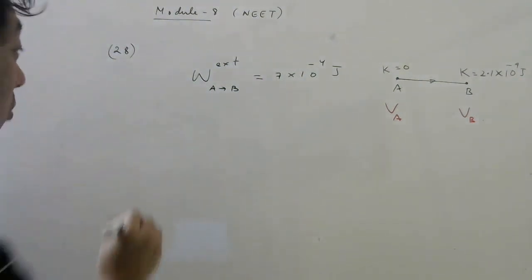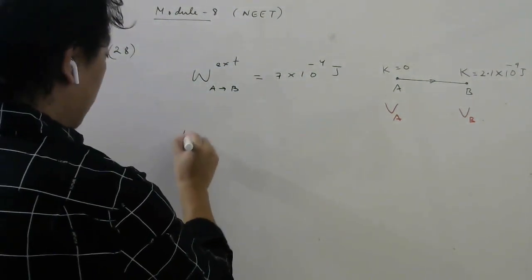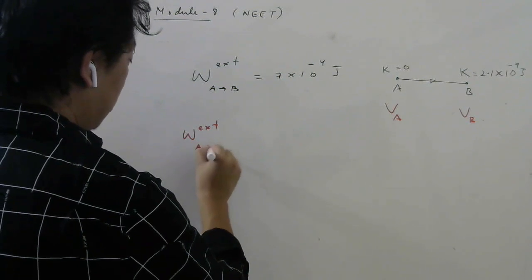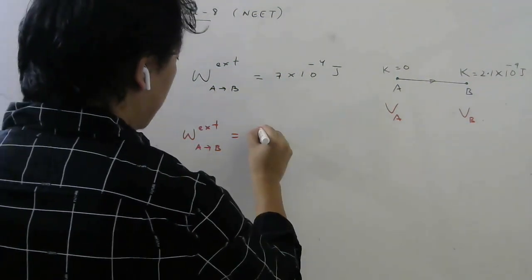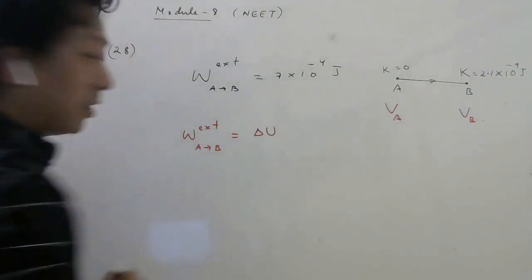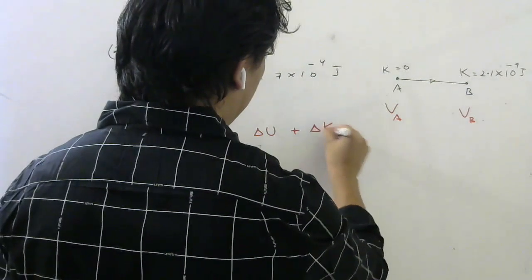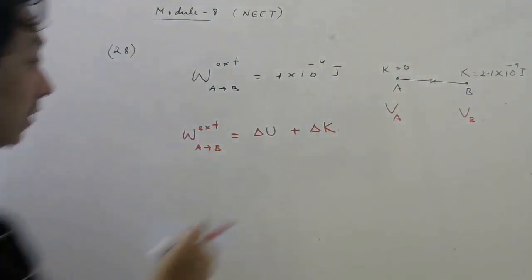So now you know work done by external force from A to B is nothing but delta U, which is change in potential energy, plus change in kinetic energy. Now usually we don't write this.